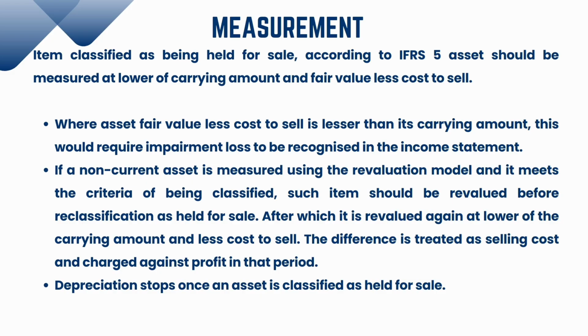Now we have to choose the lesser of both. The lesser is 1,100 naira. So therefore, now that the asset has been classified as a non-current asset held for sale, the value we'll be putting there is 1,100 naira and not 1,500 naira. I hope you understand.